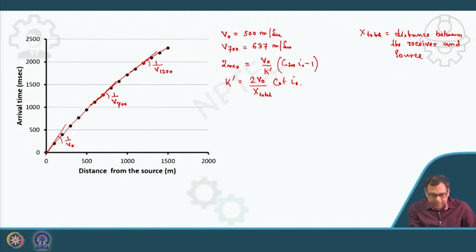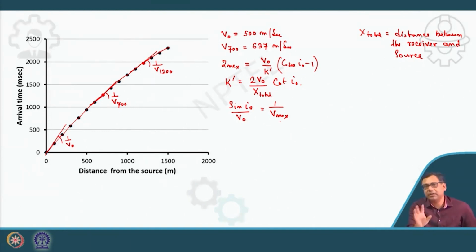Now to get the I0, I know that sine I0 by V0 is equal to 1 by V max. That is the maximum velocity, which is nothing but 1 by V700. That is the maximum velocity that the wave will achieve. Which wave?